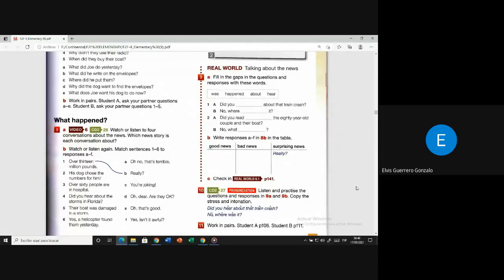Again. Track 27. Did you hear about that train crash? No, where was it? Did you read about the 80-year-old couple and their boat? No, what happened? Oh, that's good.